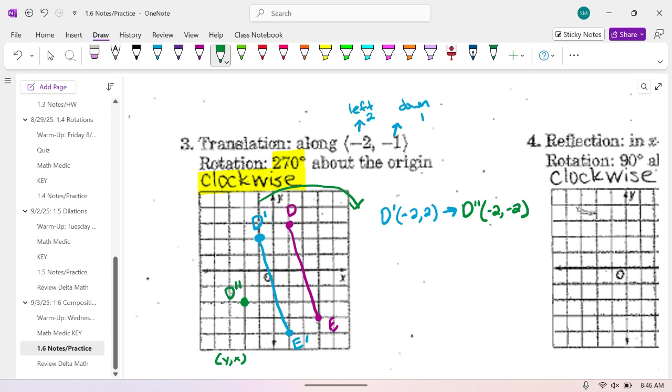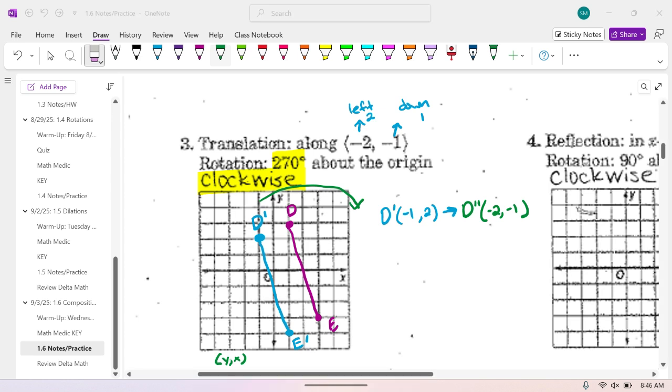Oh yeah, -1. So this would be -2, -1. So this would be right here. My bad. Thank you for catching my mistake. I do it all the time.